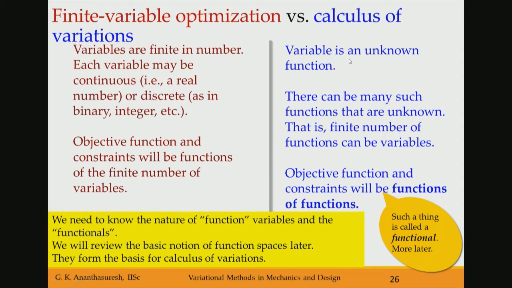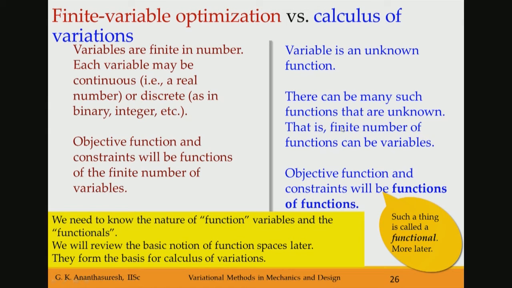Okay. So, let us look at the similarities and differences. In finite variable optimization, you have variables that are finite in number, that is a few of them, 1, 2 up to n. Each variable may be continuous, a real number or a complex number, or a discrete set of values like binary, integers or whatever. Here the unknown is a function.